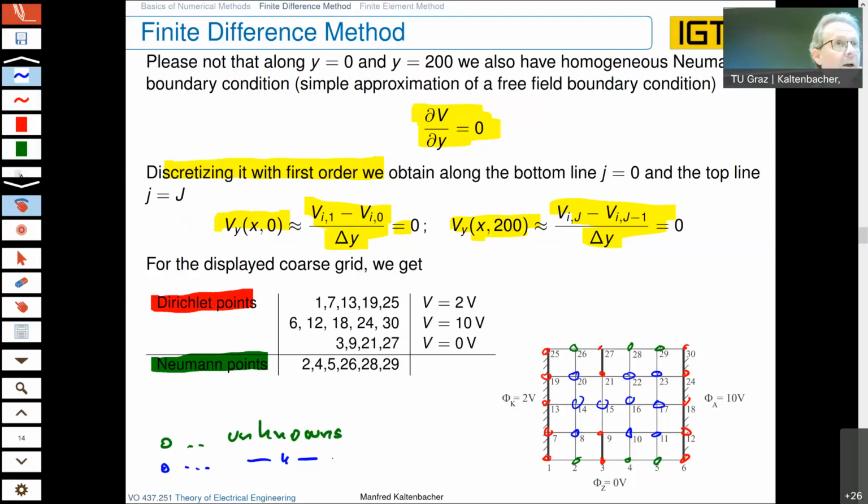Okay, so you see, I would even say a MATLAB code or a Python code is not that complicated. The main point is just this rearrangement, that you know at which point you have which boundary condition, and then correct your standard stencil as we have seen, and put everything that is known to the right hand side.